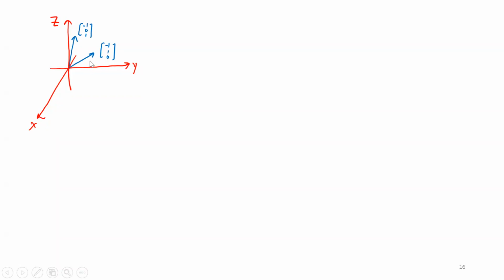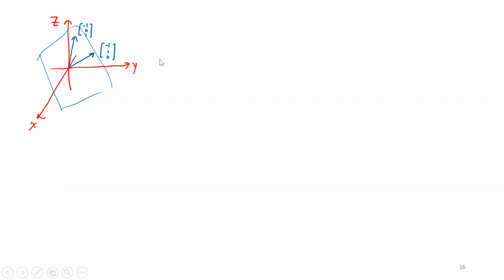This one lies on the XY plane. The other one lies on the XZ plane. They have some angle, but this angle is actually not 90 degrees. So these two will form a plane, something like this. You need to go to this plane and then select two orthogonal eigenvectors.